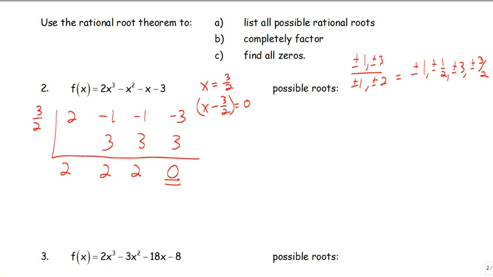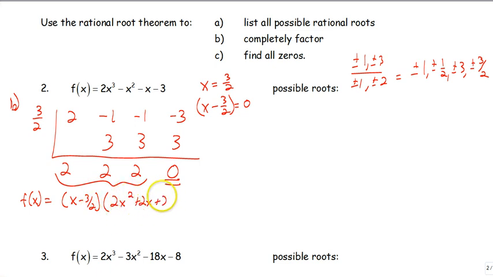Now, this is part B. I'm factoring it completely. Next, I'm going to rewrite it out. So this is my remaining factor. My function is x minus 3/2 and 2x squared plus 2x plus 2.